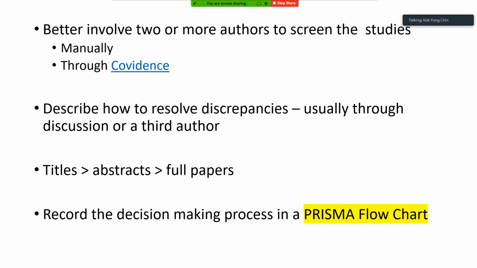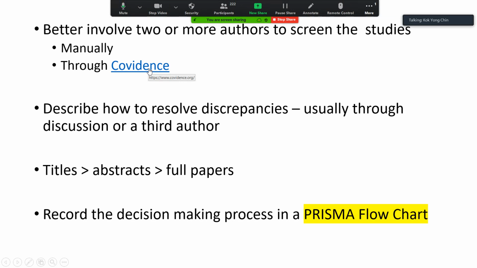So using your predefined search criteria, you may want to involve 2 or more authors to screen the studies, either manually or through other automated systems, for example, Covidence. Covidence is a website that allows collaborative work in screening studies.